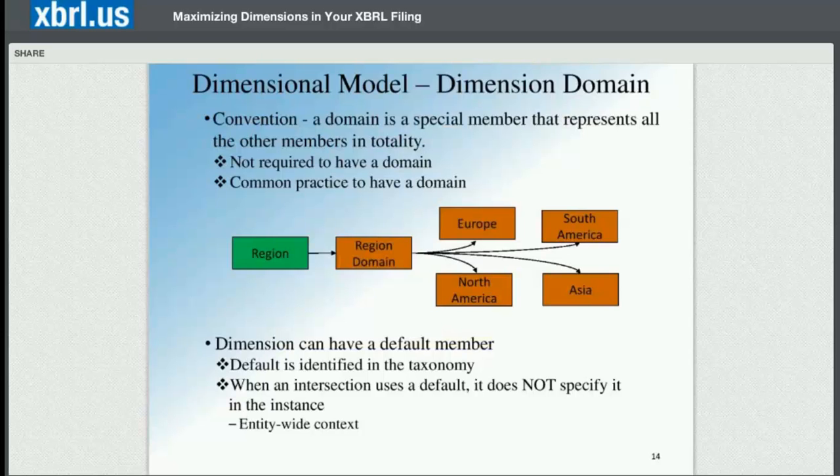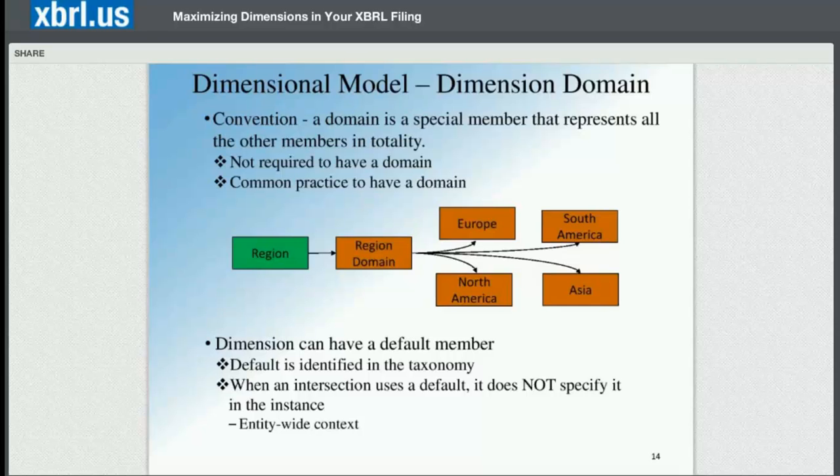Graphically, you could see that how these items relate is that the regions, the individual regions, roll into the region domain. That hierarchical relationship is very, very important. So for instance, you wouldn't want a state axis and a country axis, because the 50 states of the United States of America could only ever intersect with the United States member on the country axis.